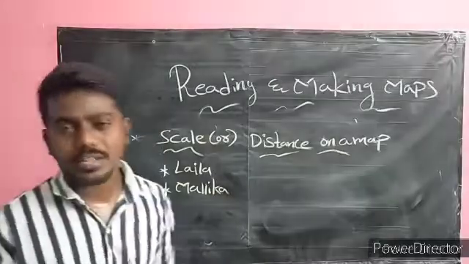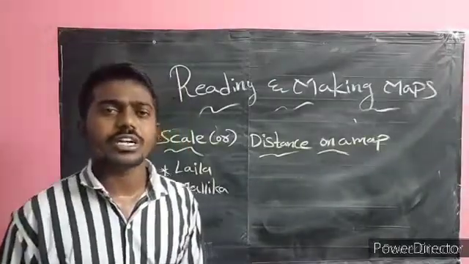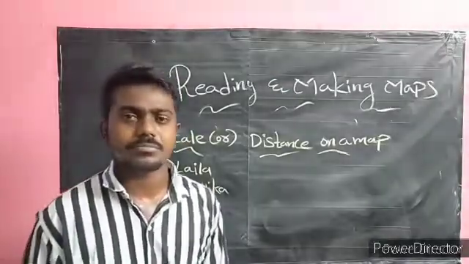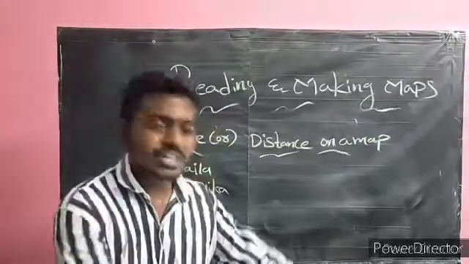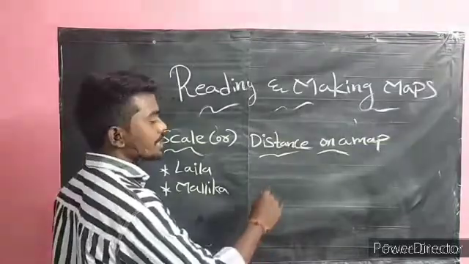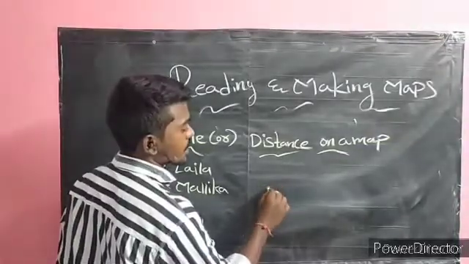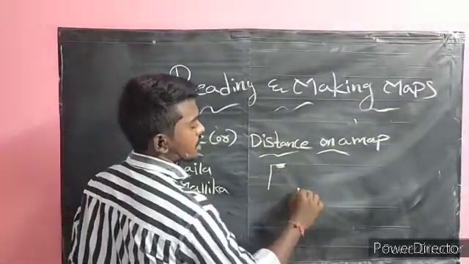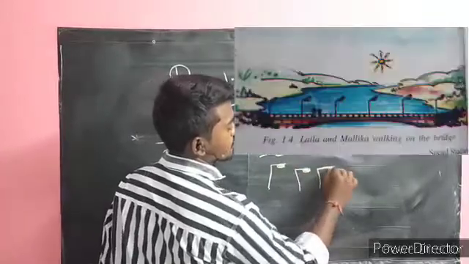One day Laila and Malika went towards the bridge, the river stream. On the bridge, they found that they have 6 lampposts.